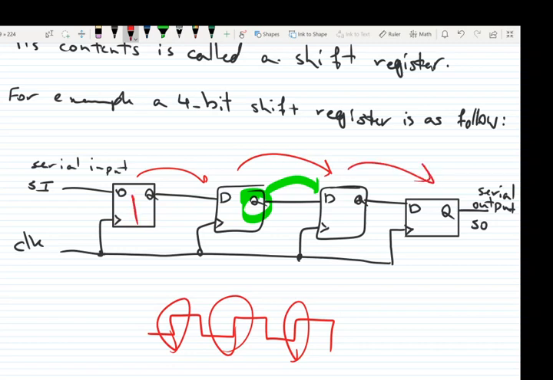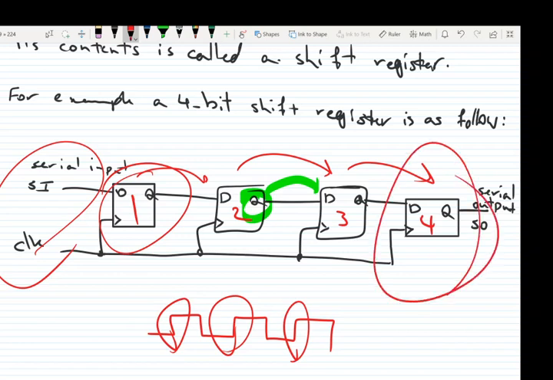If we call these D flip-flops 1, 2, 3, 4, each rising edge shifts the data of flip-flop 1 to 2, 2 to 3, 3 to 4. The next clock again 1 to 2, 2 to 3, 3 to 4, and flip-flop 1 gets its input from the serial input, and flip-flop 4 sends the data to the serial output.